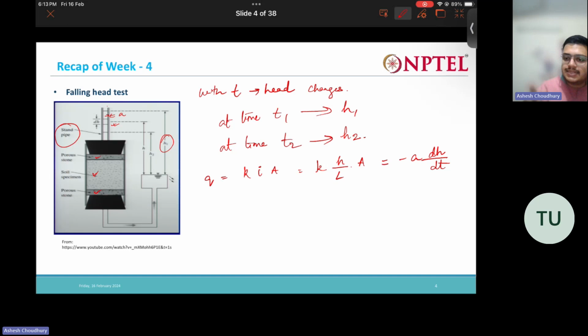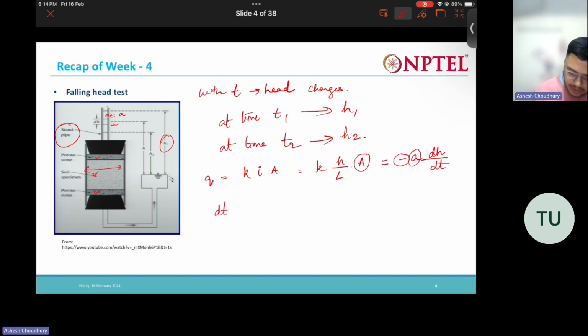In time dt, the head dh is reducing, and as the head is falling, we put a minus sign here. Here, little a is the cross-sectional area of the standpipe, and capital A is the cross-sectional area of the specimen.